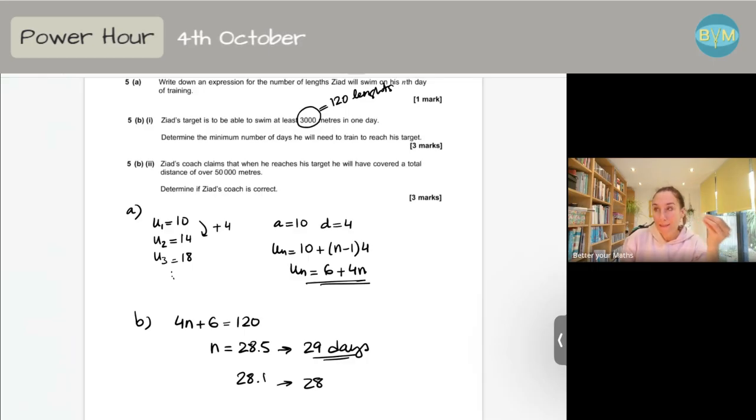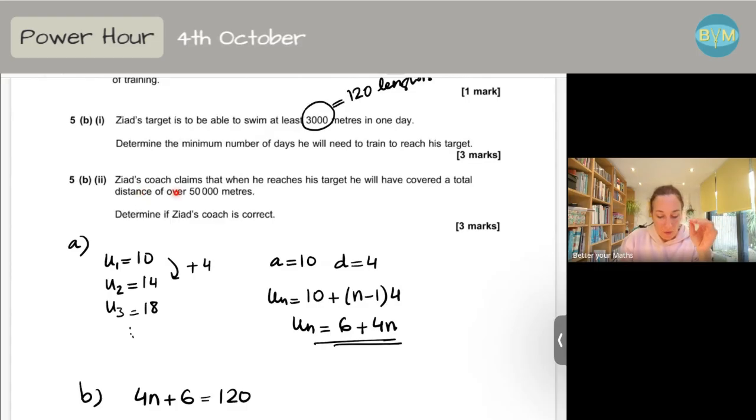But in 28 days, he won't have swum 3,000 meters. He will be very close, but he wouldn't pass the 3,000 meters. So even if it's 28.1, you should round to 29. Just be very careful with the roundings, because in modeling questions, you have to think a tiny bit if that would be enough. So he needs 29 days.